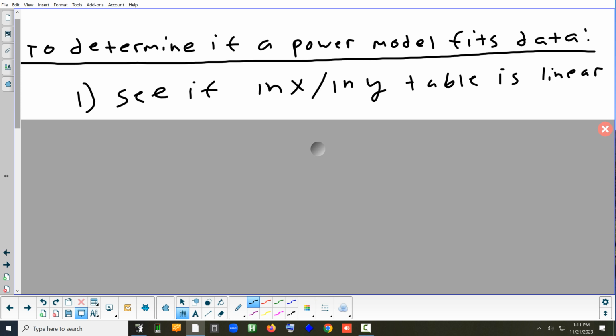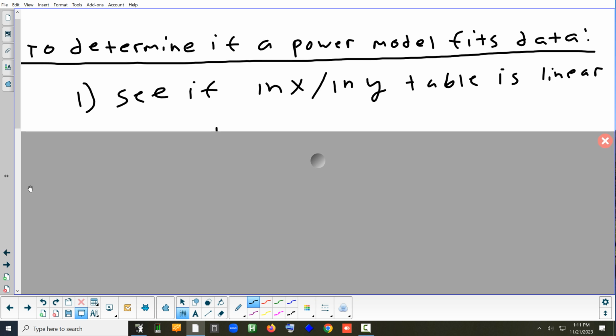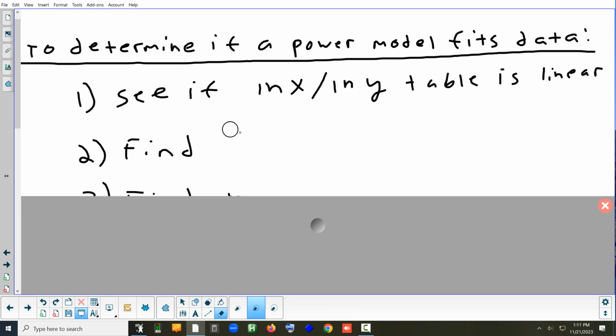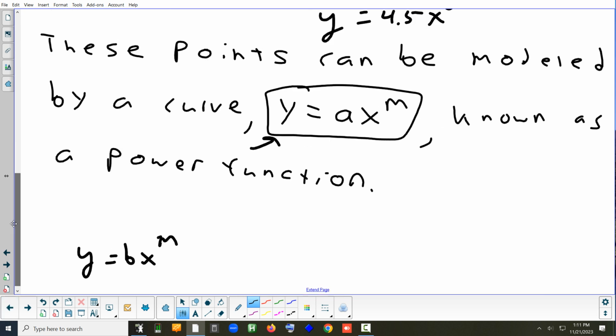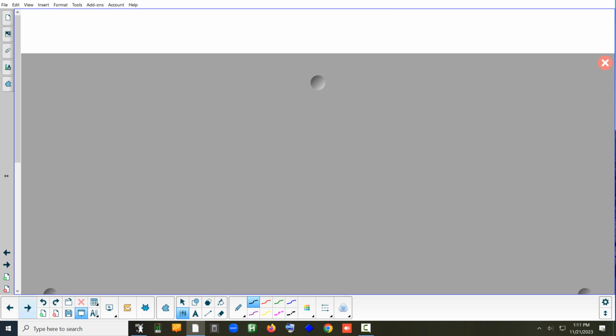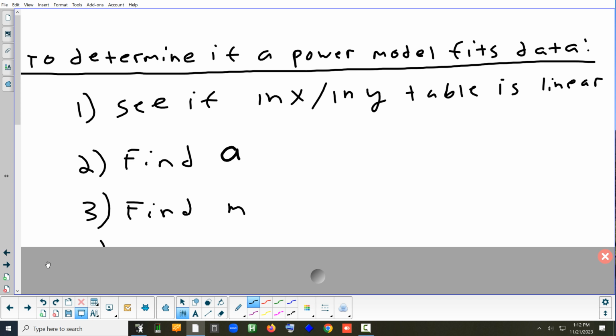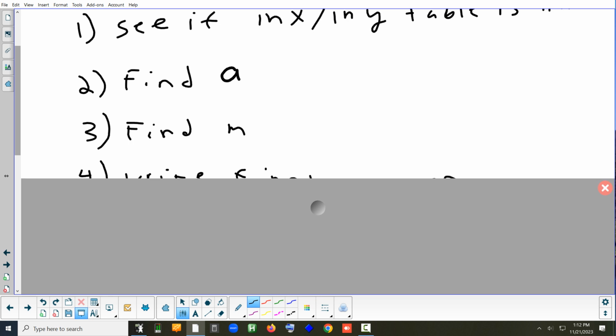If they are in a straight line, then we're going to continue and we're going to solve for A. I think the calculator uses a different letter, but I'll stick with the letter the book uses. So we're going to find the A, and then after we find the A, we're going to find the M. Once you have those two numbers, then you're done. You can write your final answer.